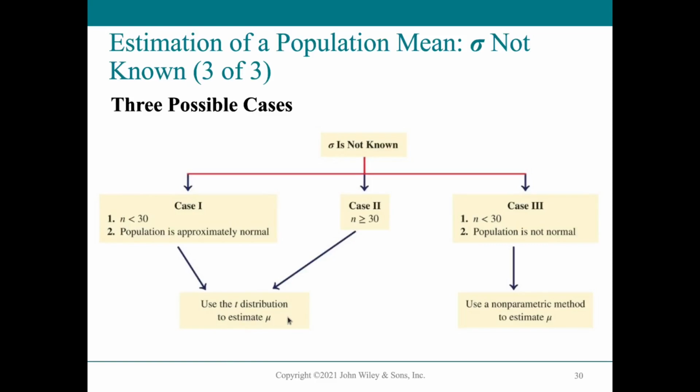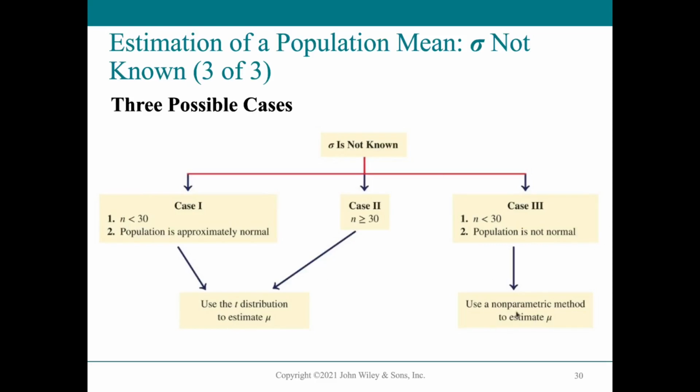This is the counterpart of the previous scenario, where sigma is known and we have been using the normal probability distribution. Now this is the case where we have an unknown sigma, or unknown population standard deviation, and that means this time we are going to use the t distribution.